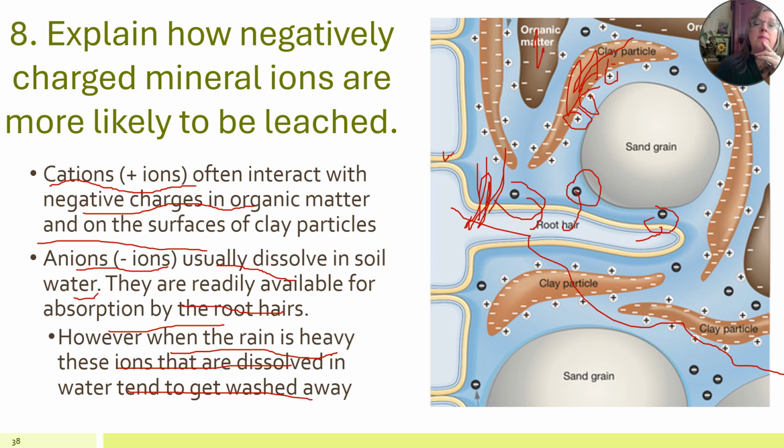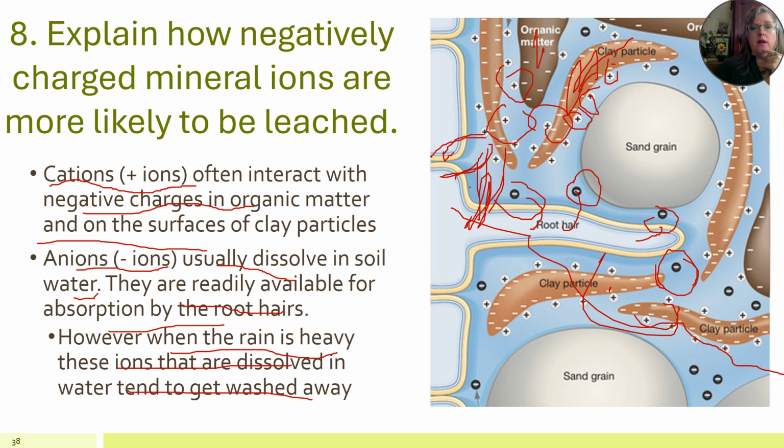Because the negative ones just dissolve in the water, it's real easy for the plants to take them up. The positive ones, because they stick to the clay and the soil particles, need that cation exchange where the plants give up their hydrogen so that they can take some of these other positives.